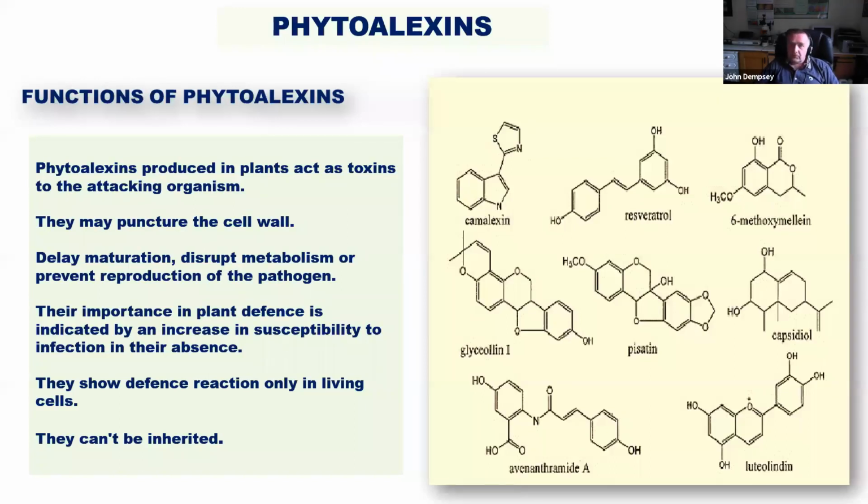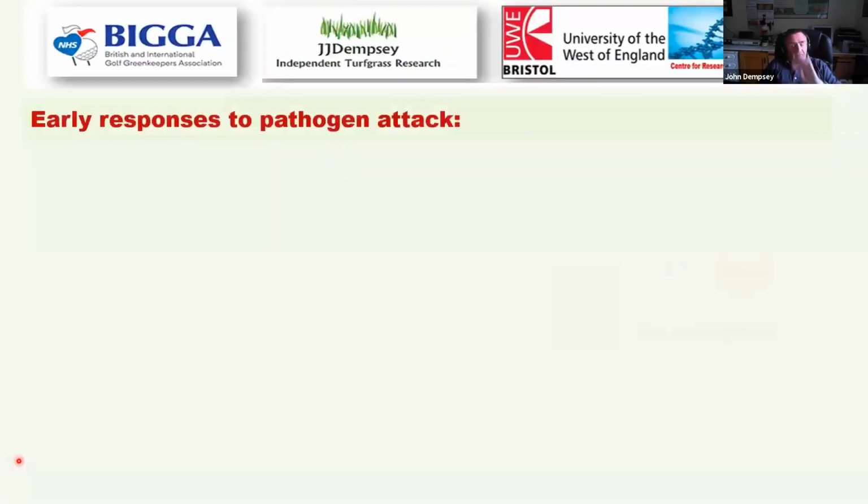For example, in this diagram on the right, this resveratrol is produced mostly in grapes. This one here, pisatin, is in peas actually. And this one down here is mostly in oats. So each species produces its own unique form of phytoalexin. But they're antimicrobial compounds, and they're very important for reducing attack.